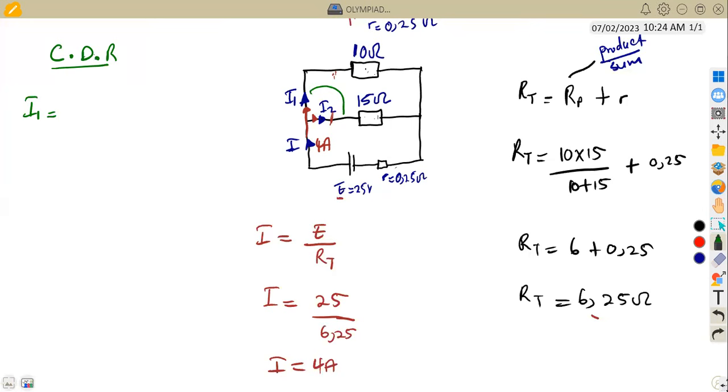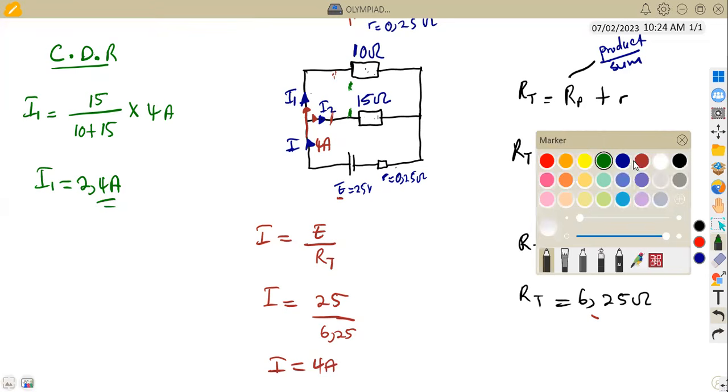So it is going to be 15 on top, over the sum of the resistors that are sharing the current, the 10 and the 15. Remember, we combined them before. So you add 10 plus 15, times the current that you are sharing, which is 4 amps. So I1 is going to give us 2.4 amps.